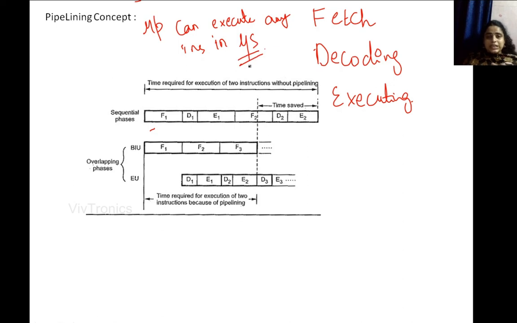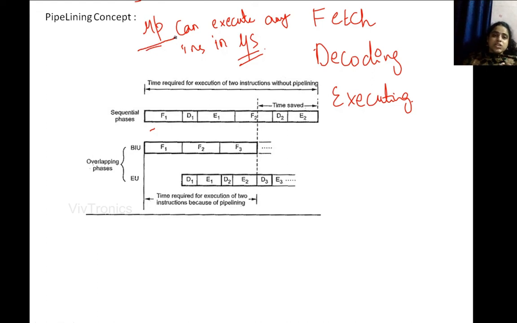The total time taken by the instruction can be calculated in microseconds, or else you can take the ideal time as 1 microsecond. If it executes an instruction in 1 microsecond, then that can be treated as a microprocessor.